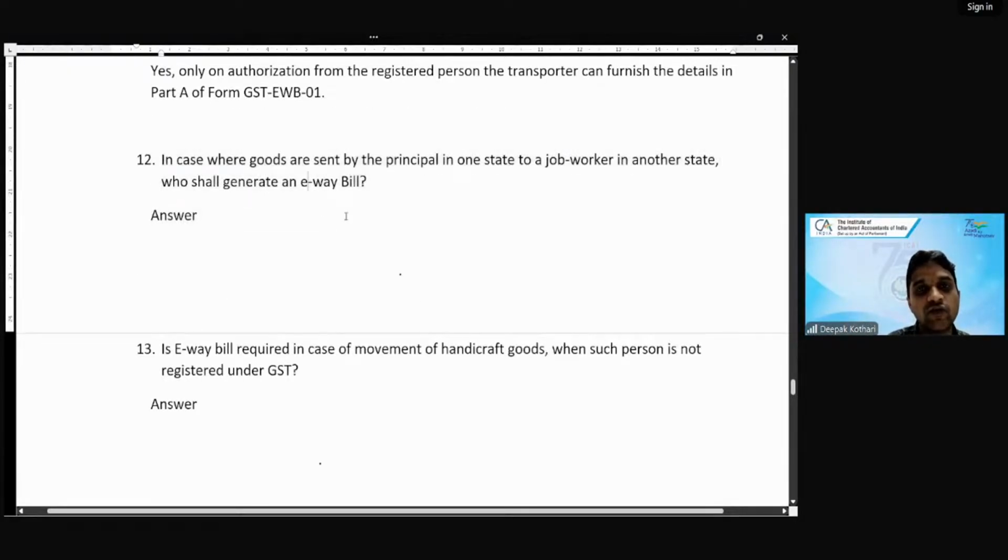Second question, in a case where goods are sent by the principal in one state to a job worker in another state, who shall generate the e-way bill?